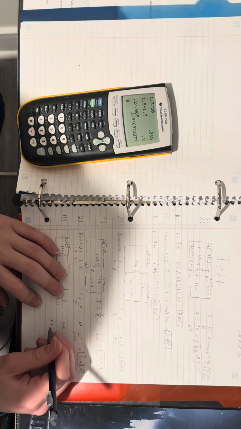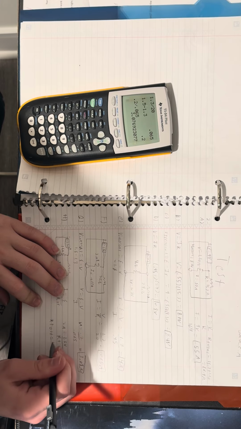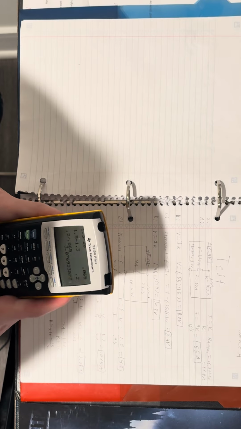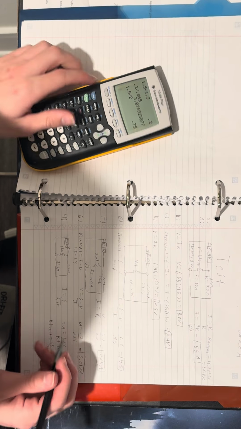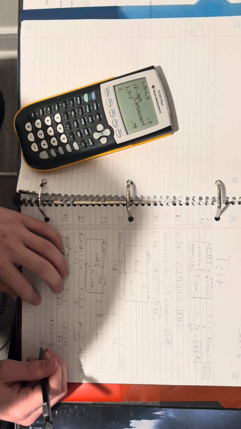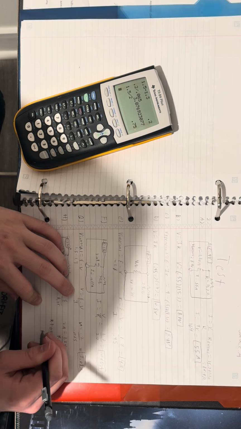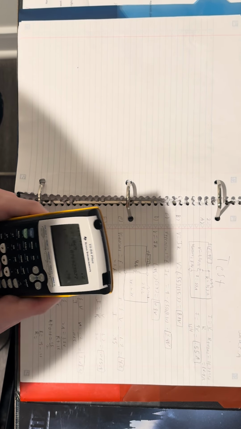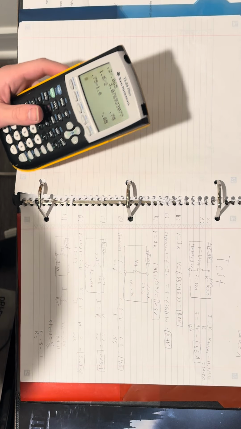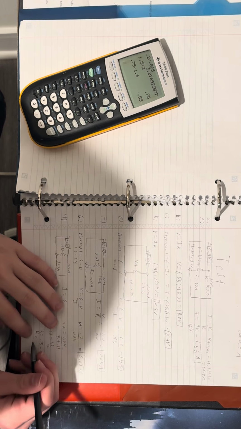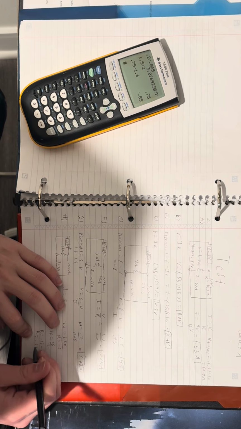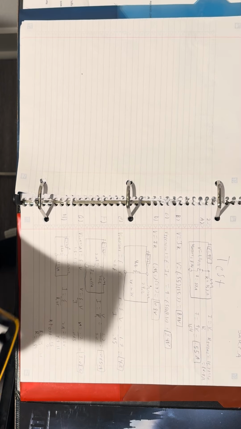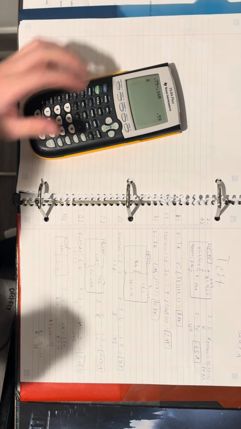plus 0.16 equals 1.5 over 2, which is 0.75 minus 0.16, which gives us 0.59 ohms, and that's our answer.